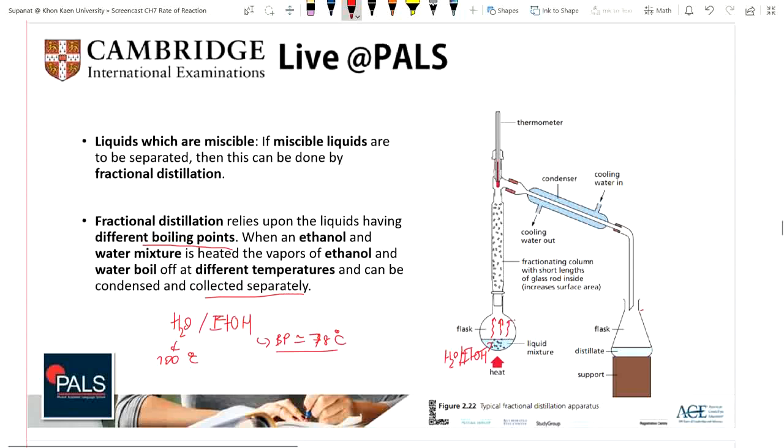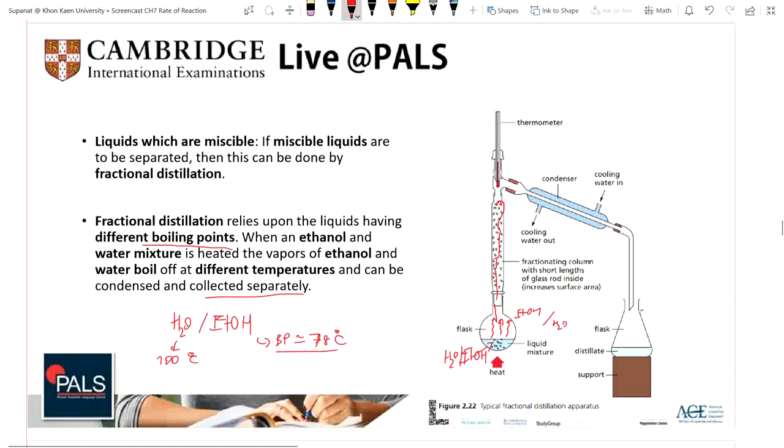But both the ethanol and water vapor will be rising up.